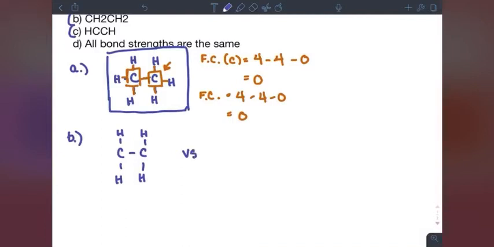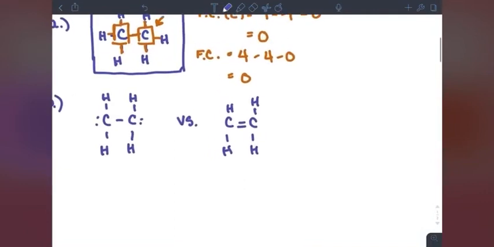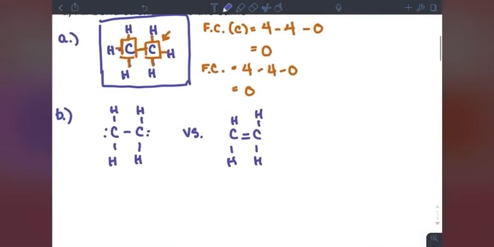You can have lone pairs on the carbon like this, or have a double bond between the carbons like that. So this is where the formal charge comes into play, and it distinguishes which molecule is more stable.